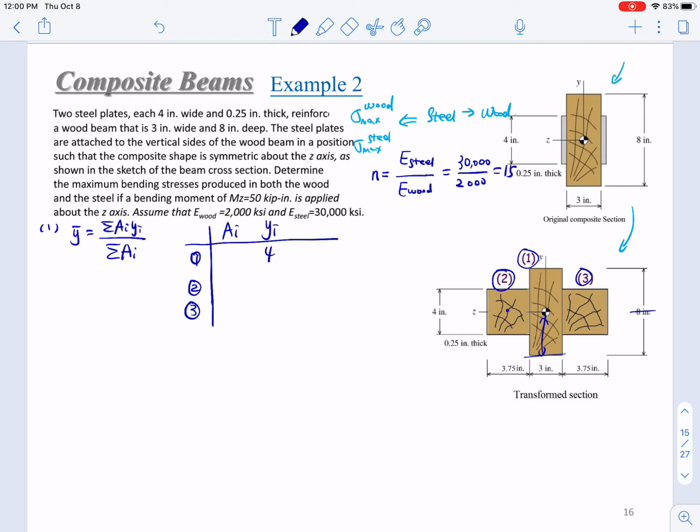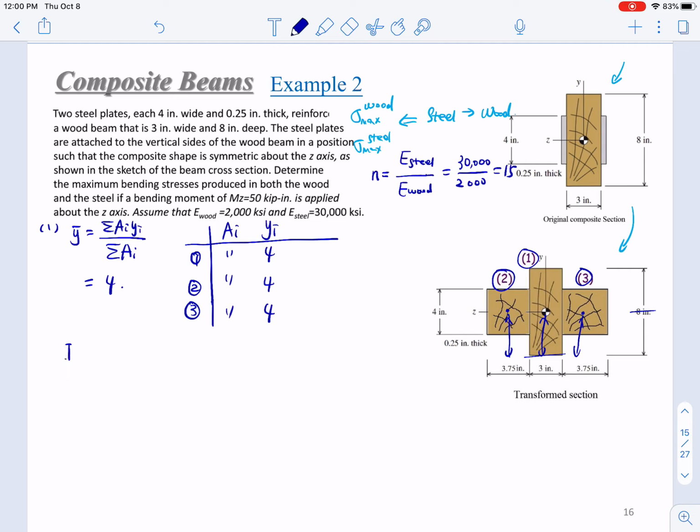The local centroid to the bottom is also 4. And Y3 is also 4. Do you have to calculate A1, A2, A3? No need. It doesn't matter what their areas are, since the average value will still be 4. So the y bar is just 4.